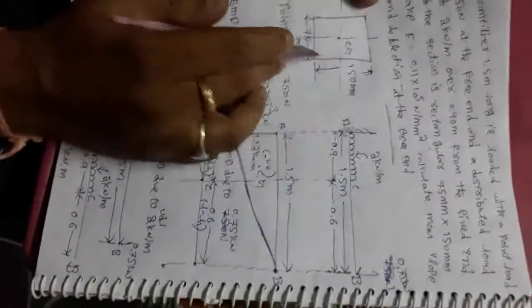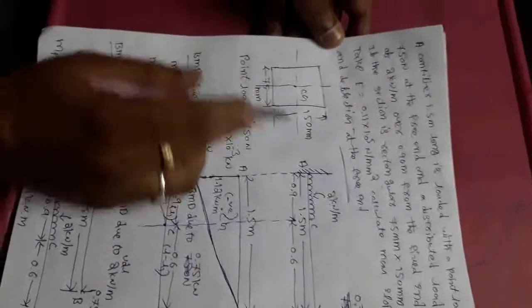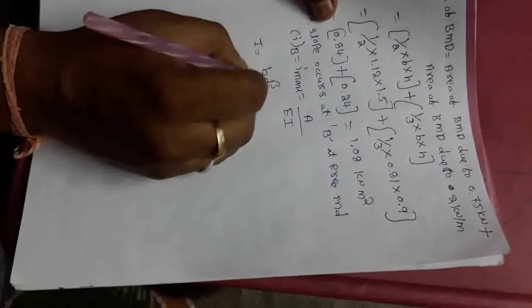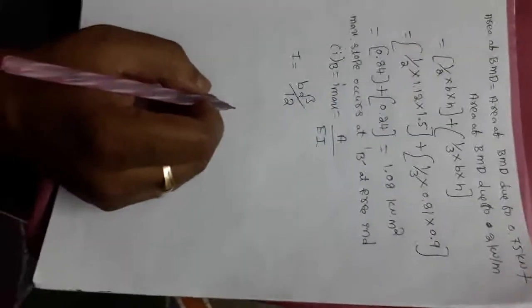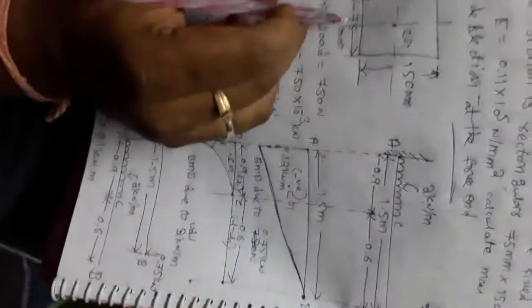So for finding I, refer to the rectangular beam. The dimensions are 75 mm into 150 mm. For this rectangular beam, I equals BD cube by 12, where breadth is 75 and depth is 150.